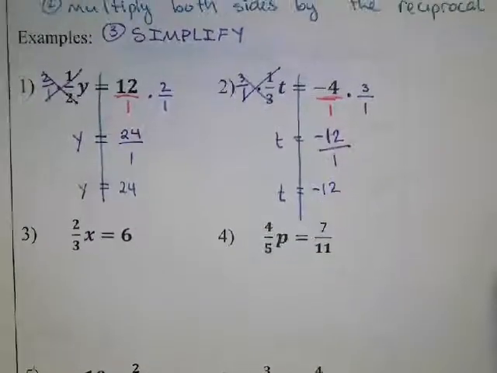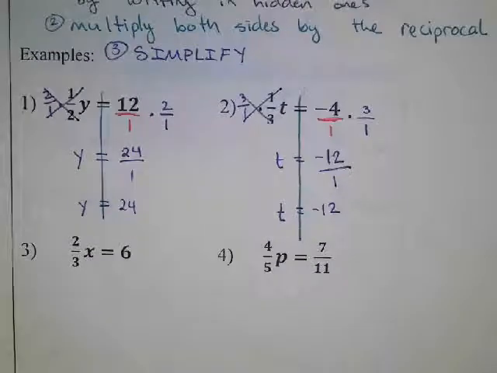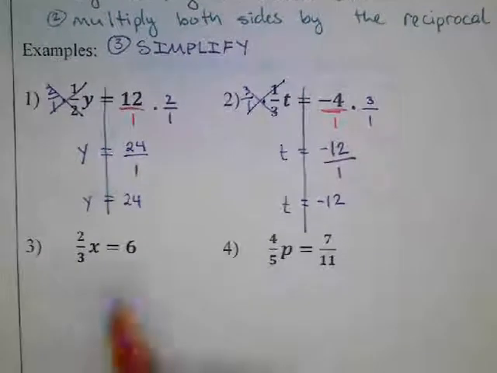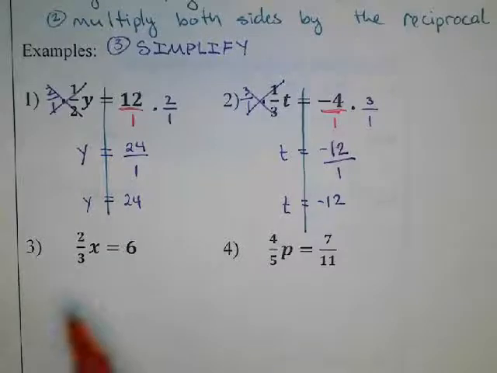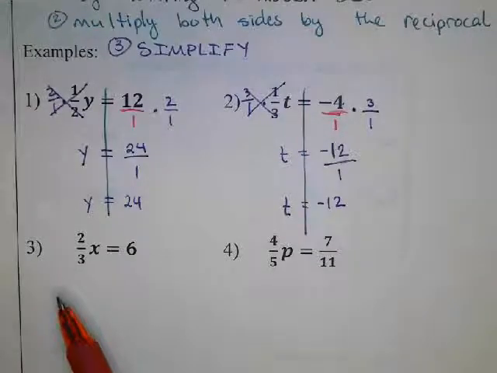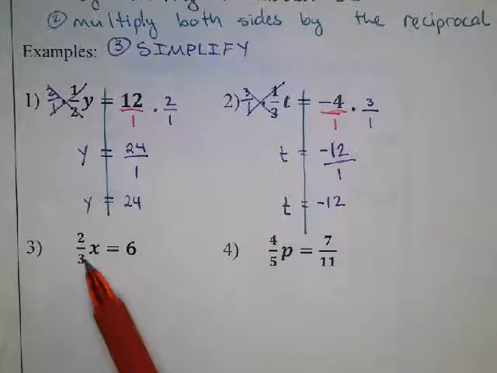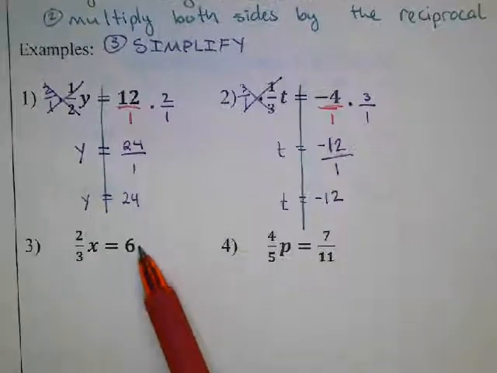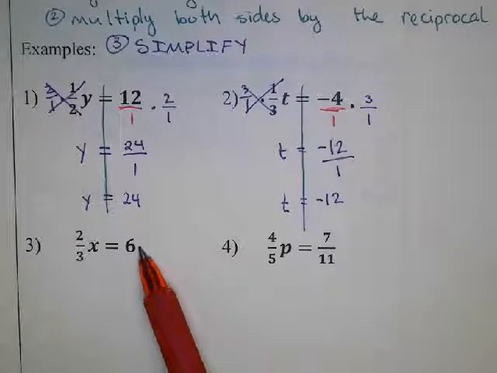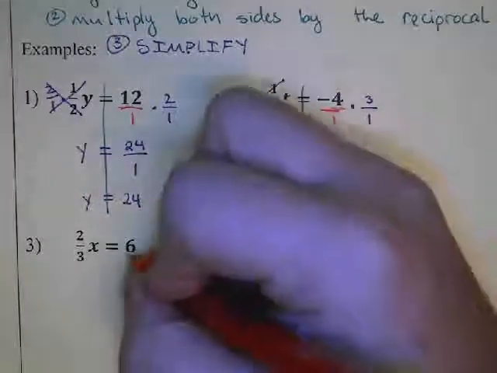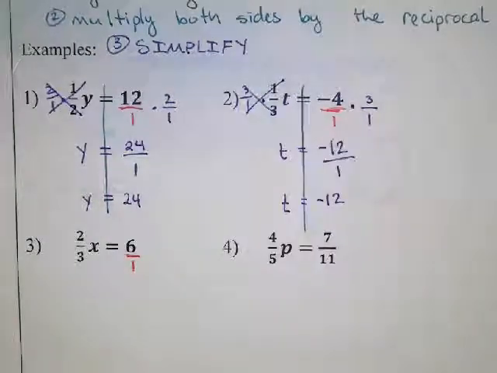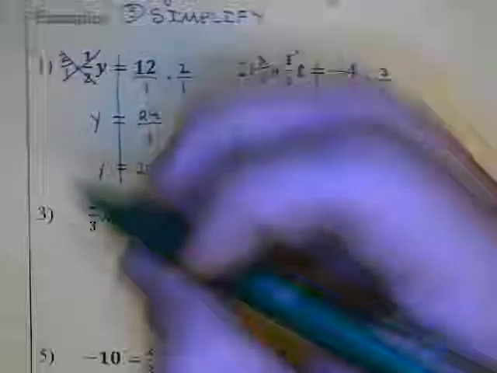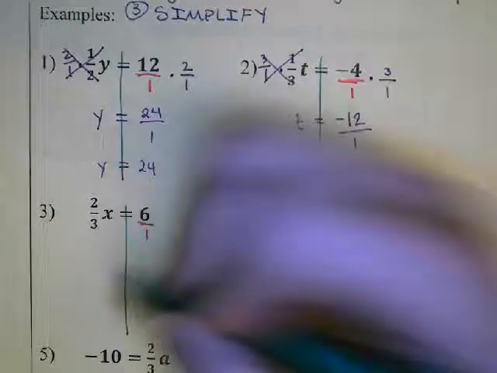Two more examples and then we'll be done. It's going through the same process. First thing I do is turn all numbers into fractions by writing in my hidden ones. 2/3, already a fraction. X, a variable, equals 6, a number. Okay, let's turn 6 into a fraction by writing in our hidden 1. Now we'll draw our line down the middle.